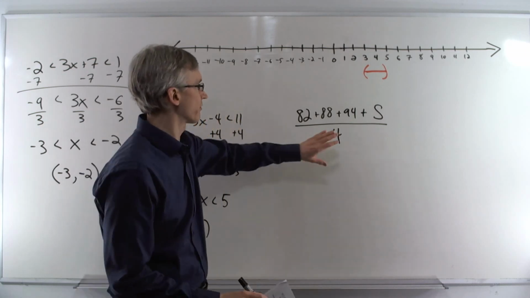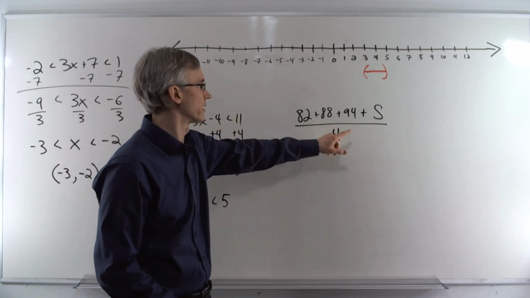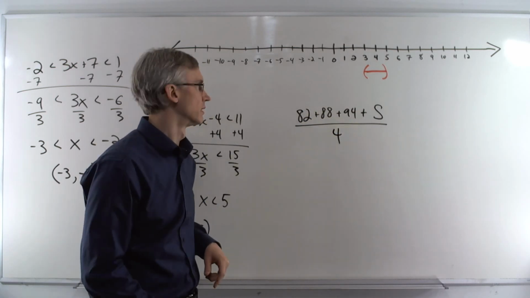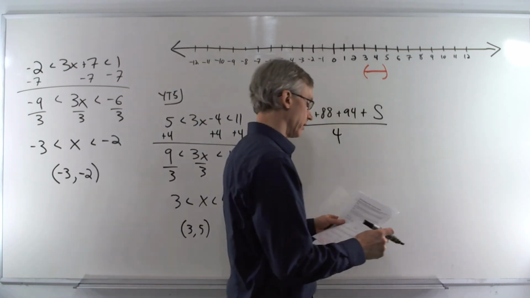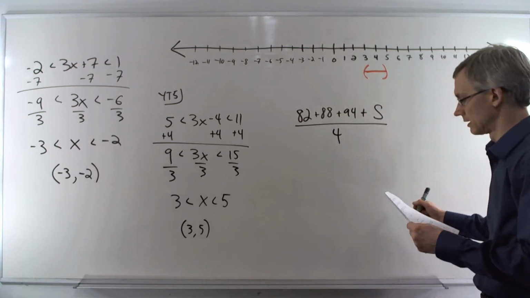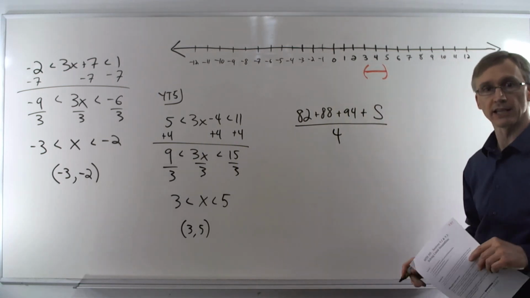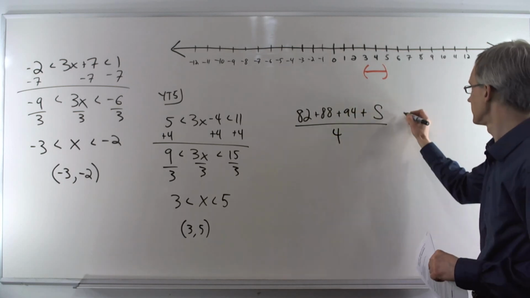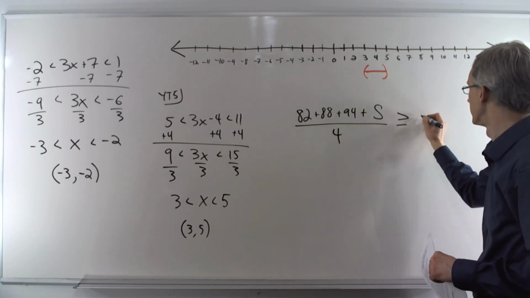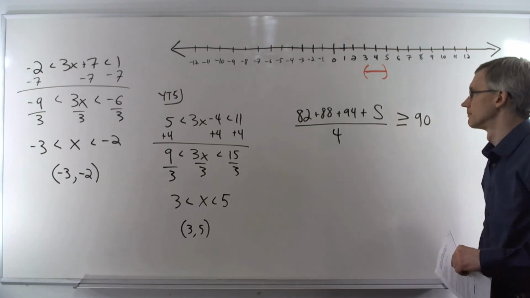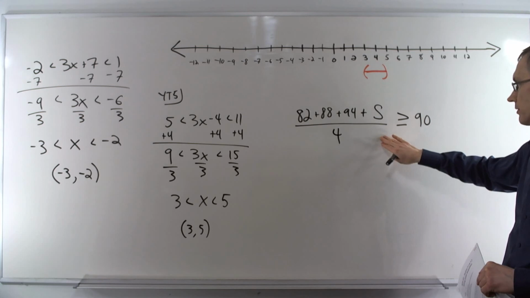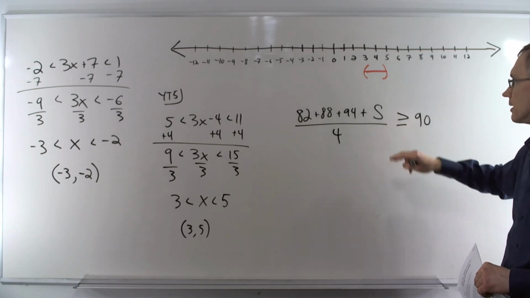So this will be the average of the 4 exams for that student. And we need that average to be at least a 90. At least means 90 or above. So this average has to be greater than or equal to 90. So there's the inequality we can solve to find the minimum score on that exam.